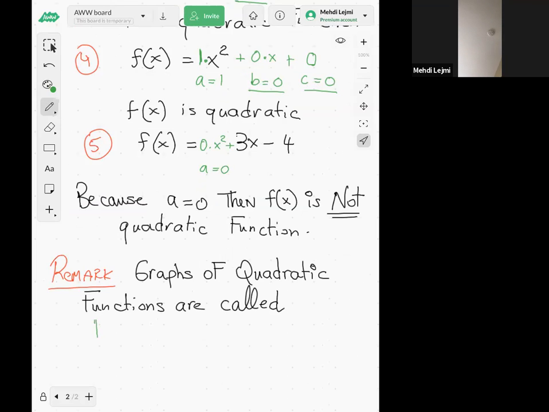Whenever you have a quadratic function, the graph of your quadratic function is going to be a parabola. So let's take an example.